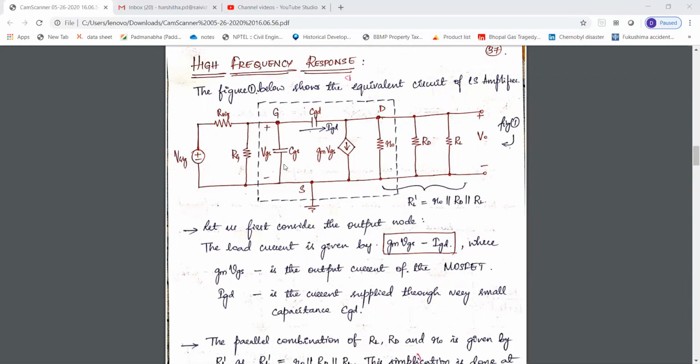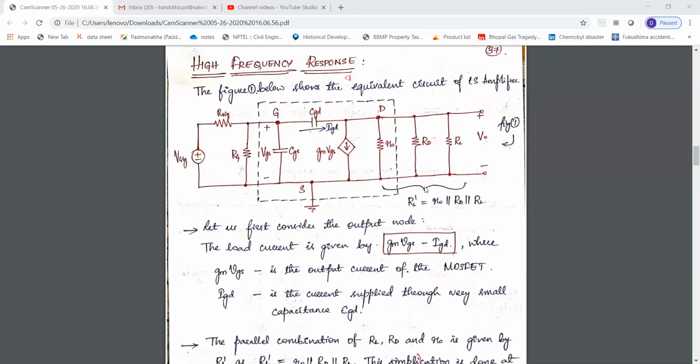In that we have seen that there is a capacitor present between the gate and the source, that is CGS, across which the input signal VGS will be present. And next, there is a capacitor present between gate and drain, that is CGD. The capacitance present between the drain and the source can be neglected because it does not have much effect on the frequency response.